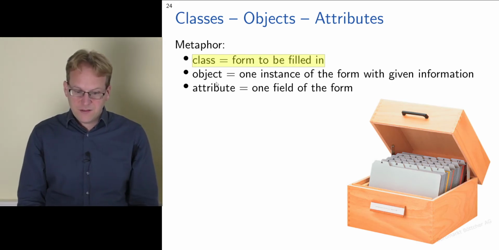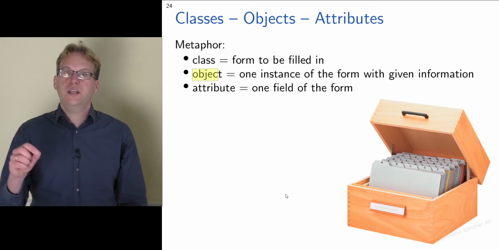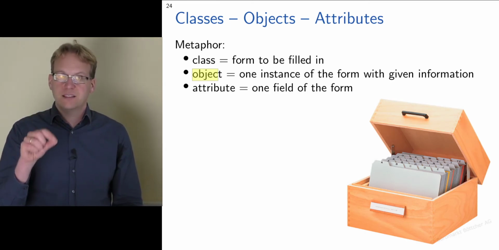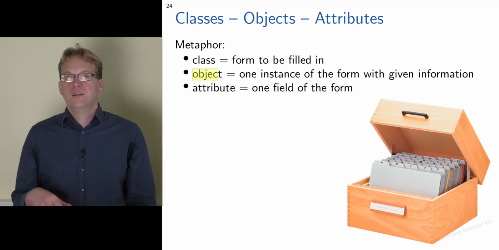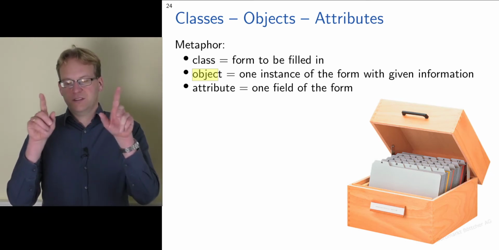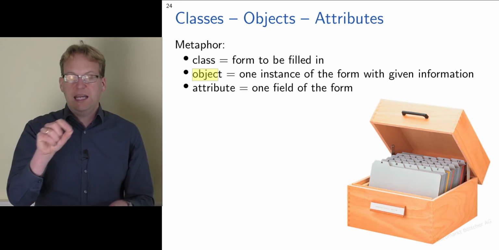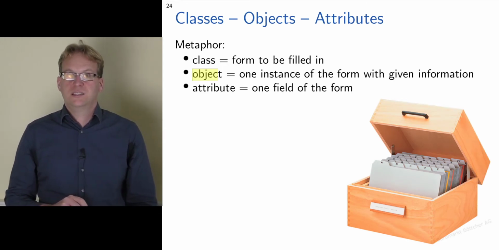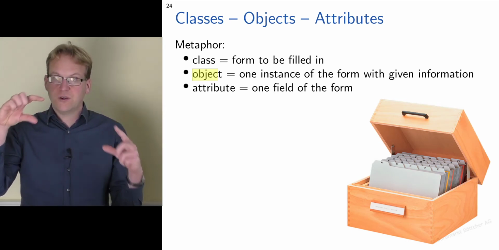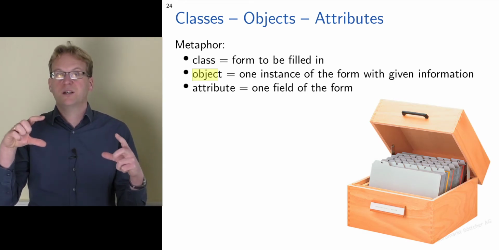And then the object is one instance of the form with the given information. So for you in particular, you as one student, you would have this form filled in with your name, your identifier, and your year of birth. And that is then the object, this form filled in with information for one entity.